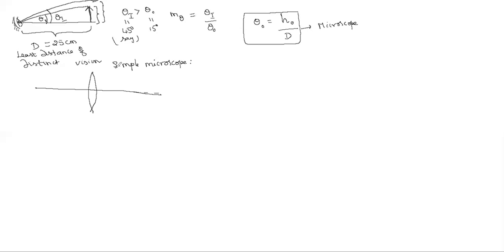If you take only one lens, it is called a simple microscope. Here suppose I am taking the object somewhere here. This is object distance u. And I am taking that object distance at a distance less than its focal length.